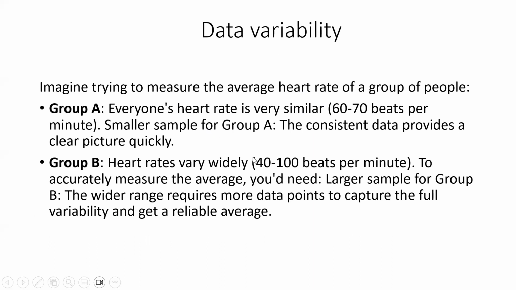But if your data has a huge variability, suppose your measurement is on antibody concentration, for all the subjects, if the antibody concentration is similar, then you need a small sample size. But if the antibody concentration range is very wide, then you need a larger sample size. So based on the spread of the data, based on the standard deviation of your data, your sample size may increase or decrease.